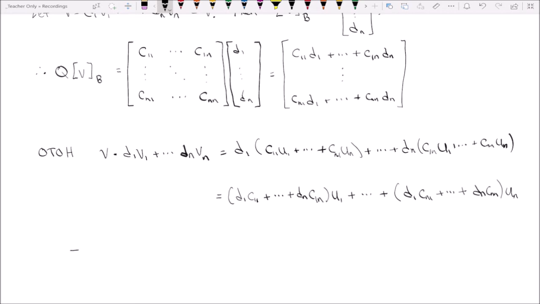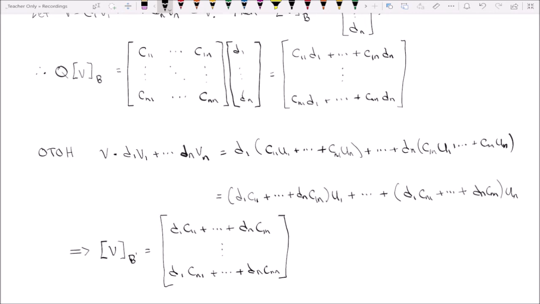Right? Now, of course, this implies that the coordinate vector for v with respect to B prime is d1 c11 plus so on and so forth plus dn c1n, so on and so forth, and then d1 cn1 plus so on and so forth plus dn cnn. If we compare these two, right, so we compare this vector and this vector, we see that they are identical.